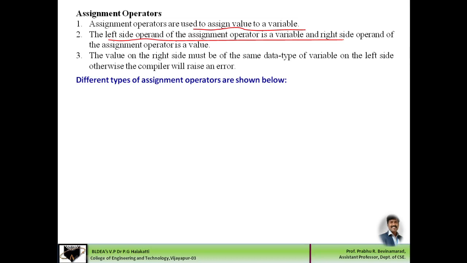Usually the value on the right side will be stored in the left side variable. The memory location where we want to store that information should be the same type as the value. Only then will the assignment operation be performed successfully. Otherwise, the compiler will raise an error.